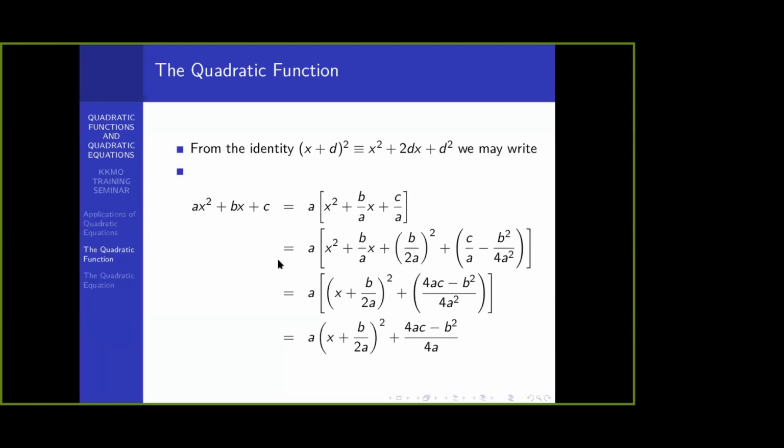There are some advantages of expressing it in this form, because you will notice that, for instance, this part that is squared will never be negative. And depending on the sign of a, that can help you determine whether it is the maximum or the minimum point of the graph. We shall see that in a minute.